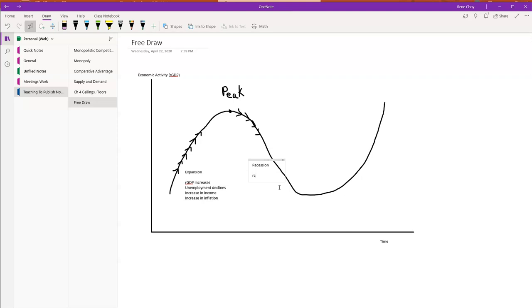We're going to notice because real GDP is going to decline. Unemployment will rise. You'll see a decrease in income. And you'll see a decrease in inflation, and possible deflation.